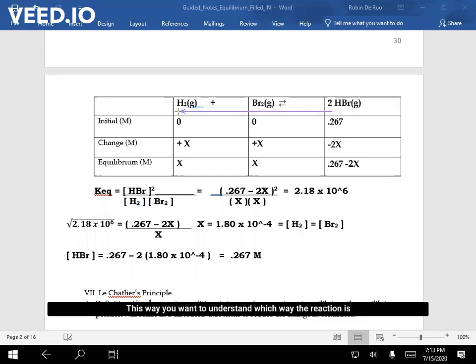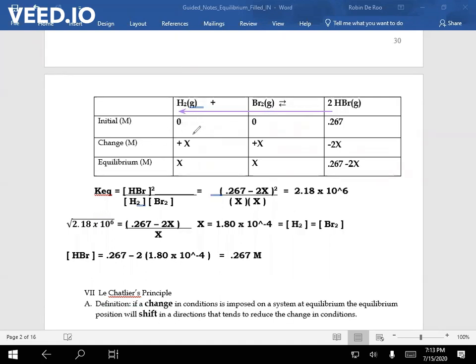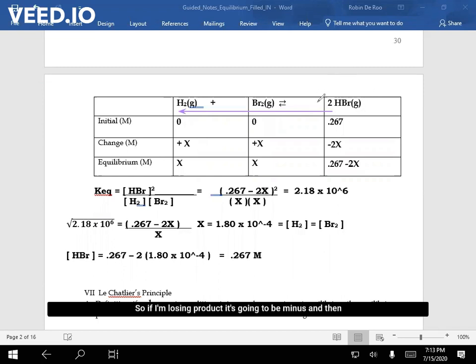You want to understand which way the reaction is going because you're going to need that in order to fill in your change. So if I'm losing product, it's going to be minus. And then we have to use the coefficient. So it's going to be minus 2x. We're gaining reactant, so that's plus x.